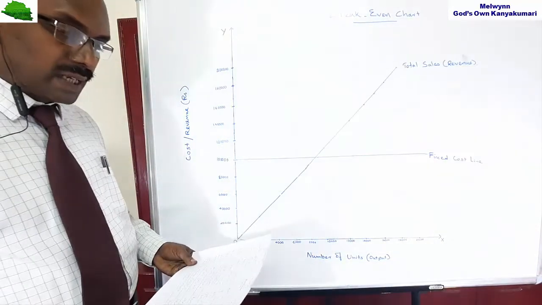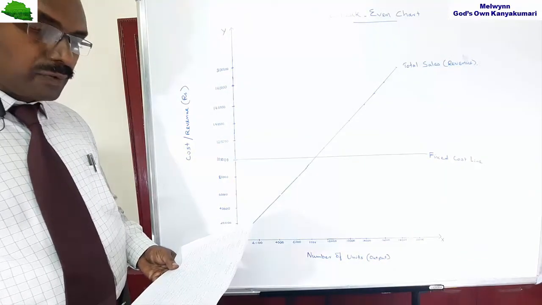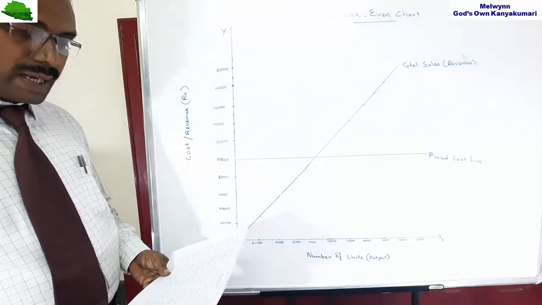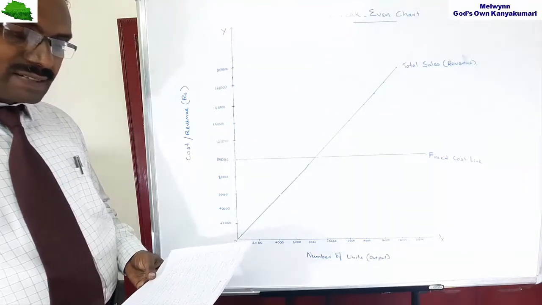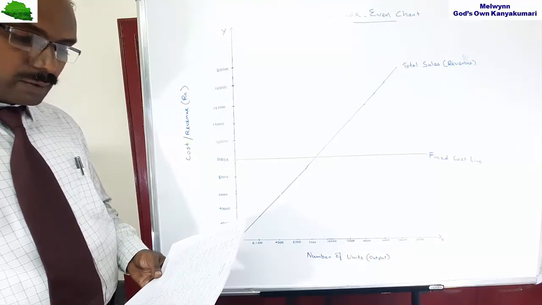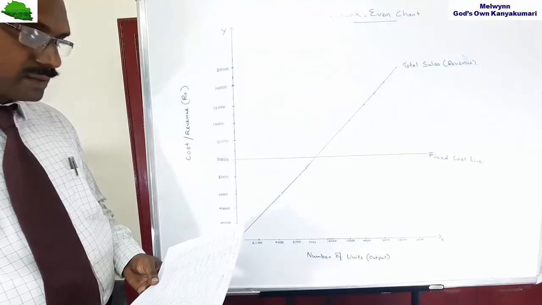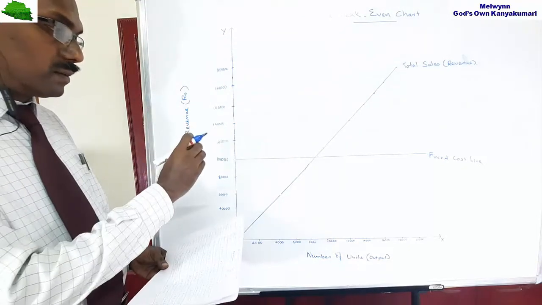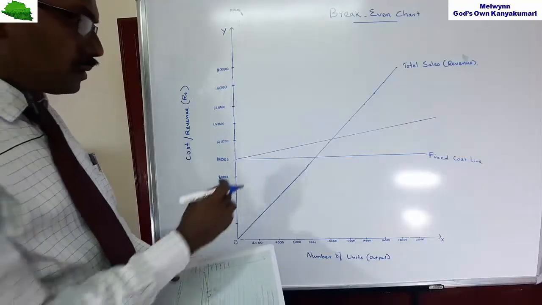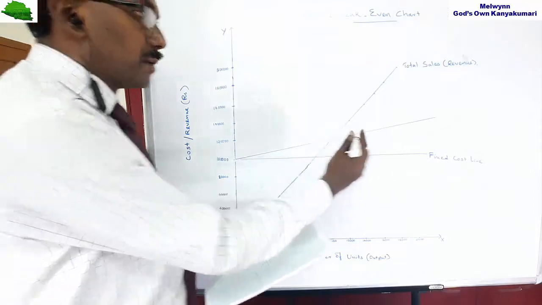So in this total cost, the data 1,04,000, 1,08,000, 1,12,000, 1,16,000, 1,20,000, 1,24,000, 1,28,000, 1,32,000, 1,36,000. Now we have to plot the values in the chart. This line is total cost line.